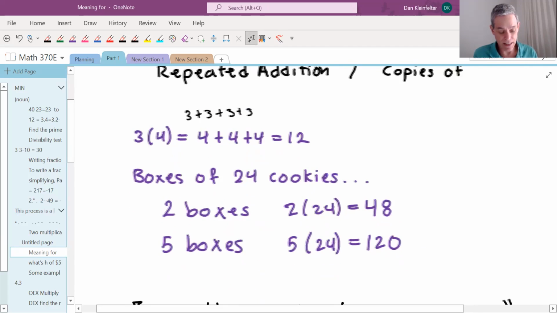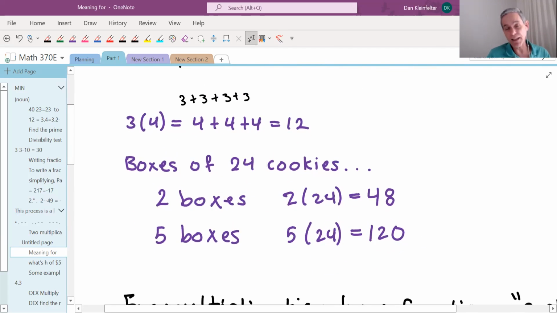So that's nice. As an application, let's think about cookies. Cookies are always good. Let's say that cookies come in boxes of 24. If you have 2 of those boxes and each of them holds 24, that sounds like 24 plus 24, or 2 times 24, or 48. 5 boxes would be 5 of those 24s, and that would be 120 of those cookies.